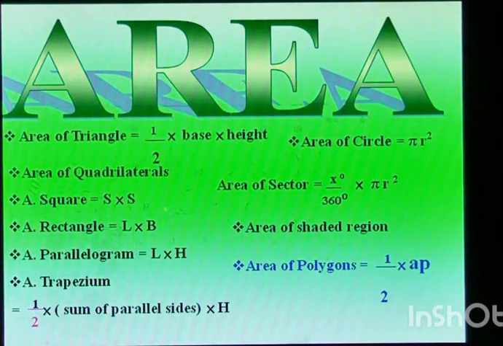Area of polygons, any polygon has area equal to half into apothem and the perimeter of the polygon. Area of shaded region is the main application in two-dimensional mensuration.